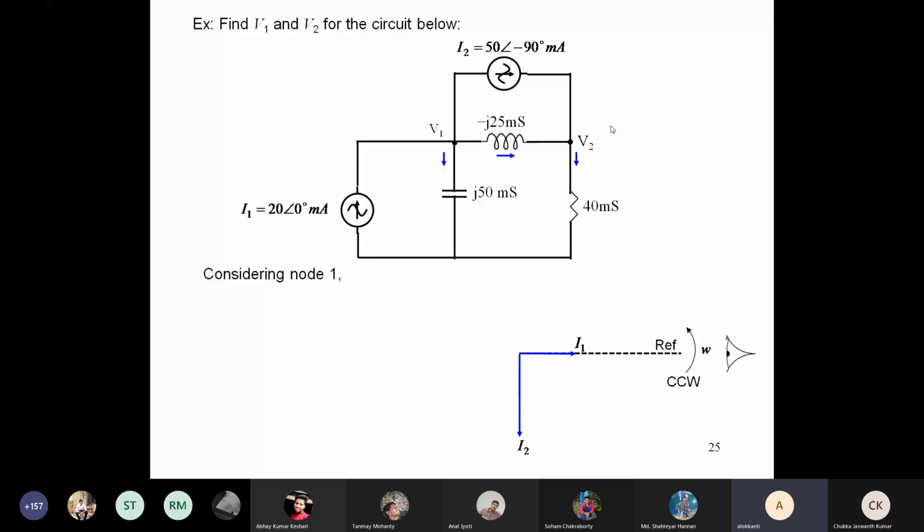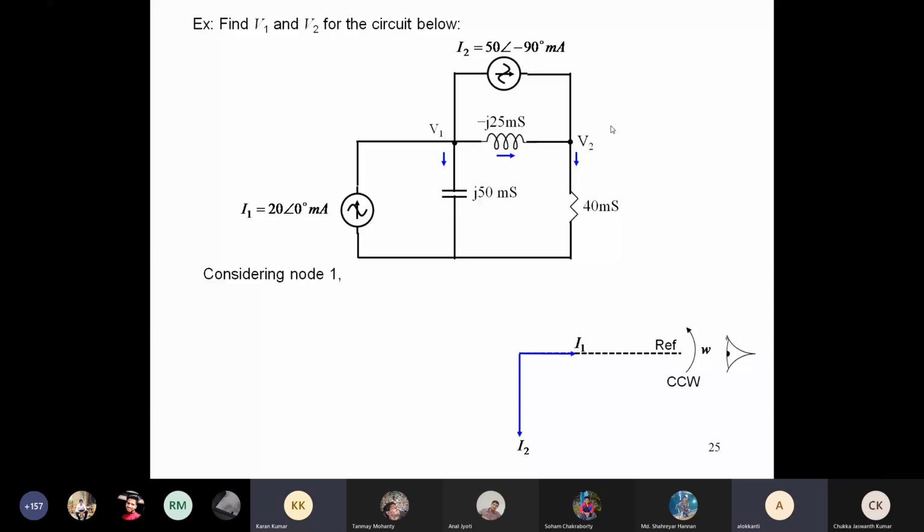Is V2 1.592 angle minus 62.65? Your angle is wrong.